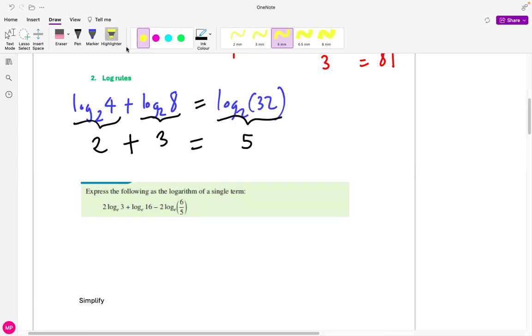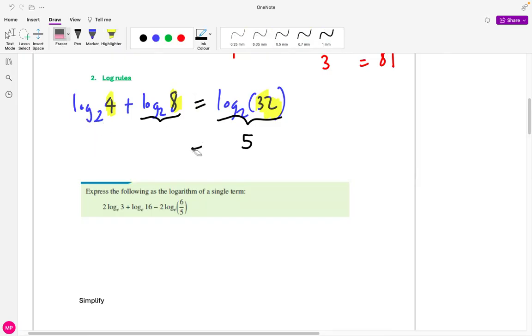So how does that work here? If you have 4 and 8, when you multiply them together, 4 times 8, you get 32. And log 2 stays the same. So this is one of the first log rules.